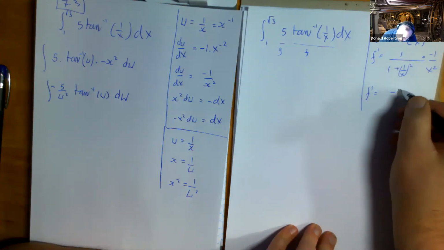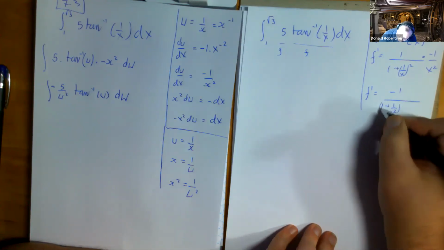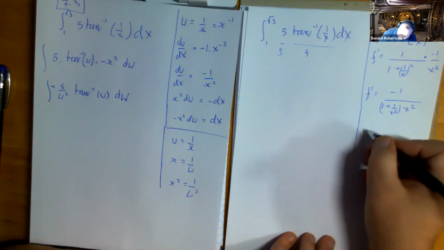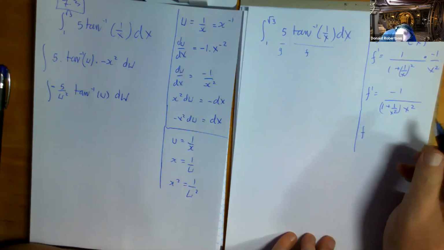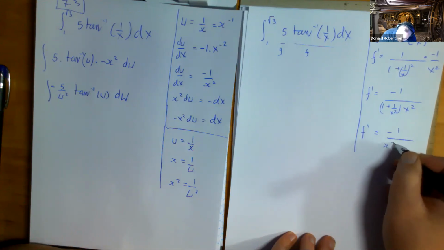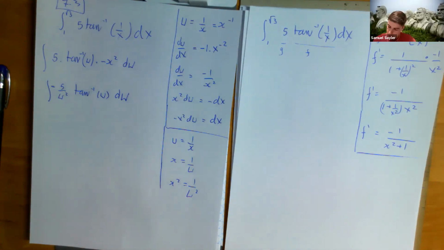So that is going to be negative 1 over 1 plus 1 over x squared times x squared. That's going to be negative 1 over x squared plus 1. I actually like that.